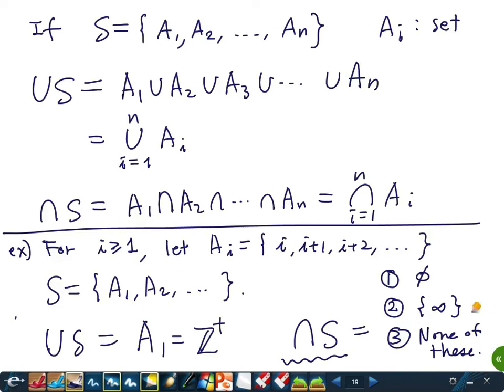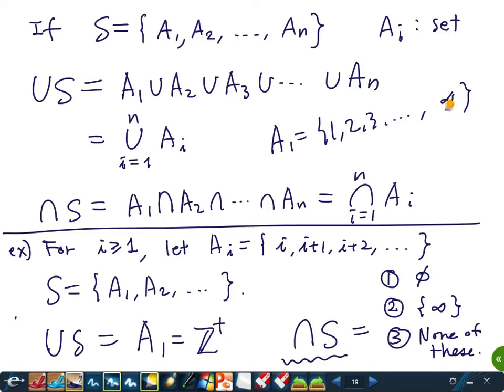By the way, let's consider this too. Is infinity an element of A1? Does A1 contain infinity? Really? Did I write A1 like 1, 2, 3, dot, dot, dot, and then infinity? I didn't write this. Infinity is not an integer.